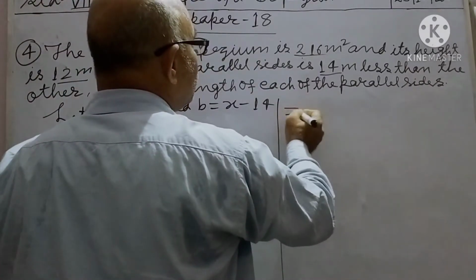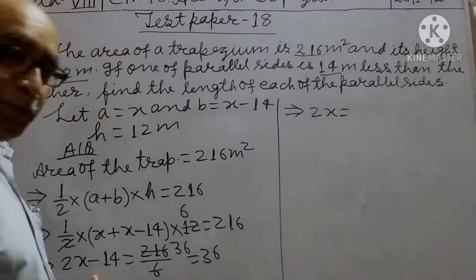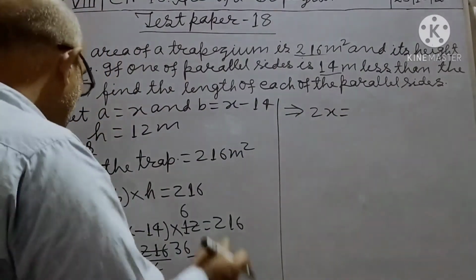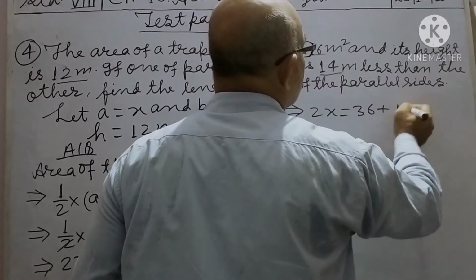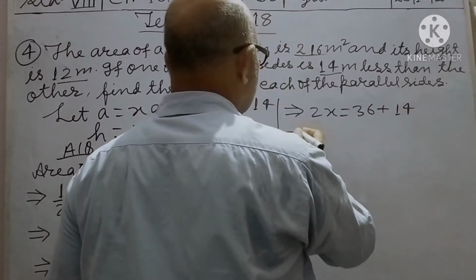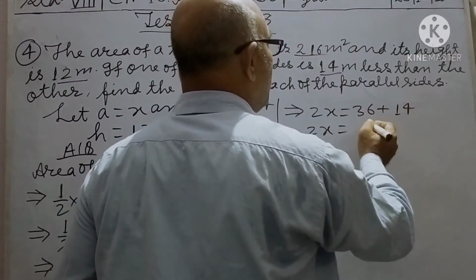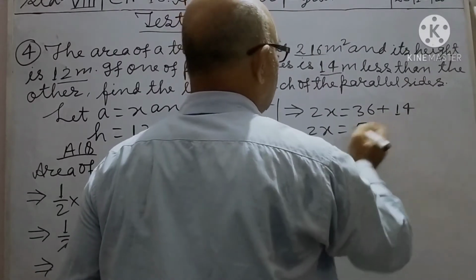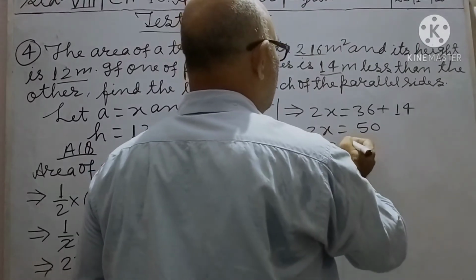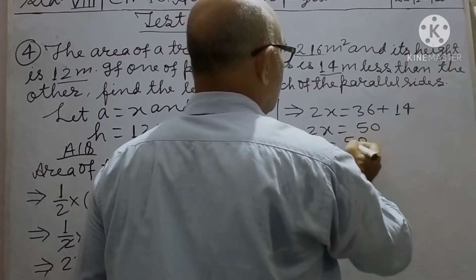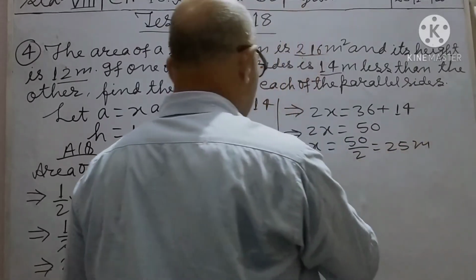That implies 2x minus 14 equal to 36, by transposition change into plus 14. So 2x equal to 36 plus 14. That implies 2x equal to 50. x equal to 50 by 2 equal to 25 meter.